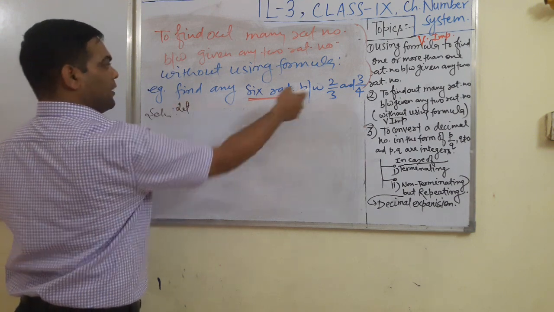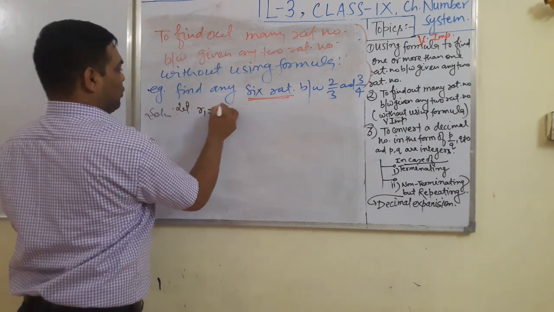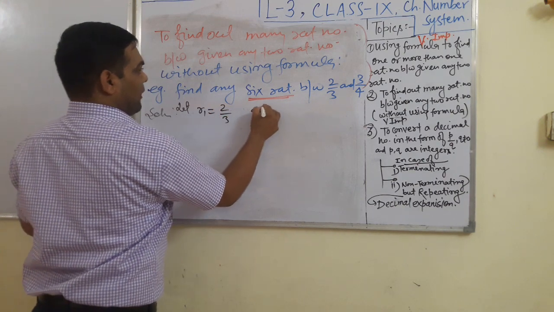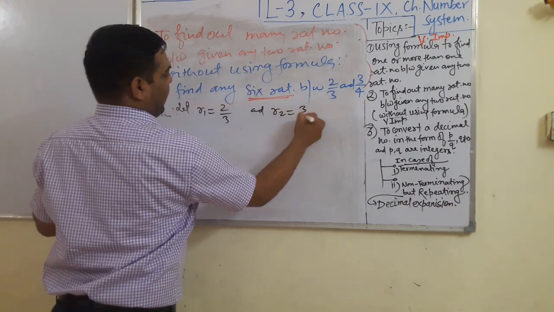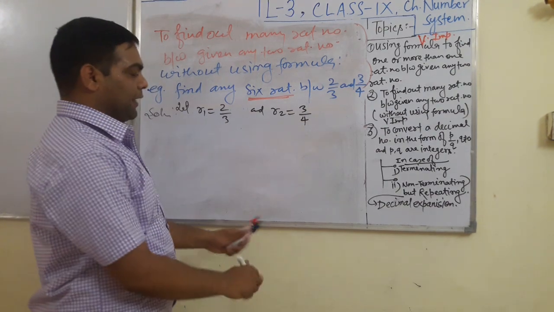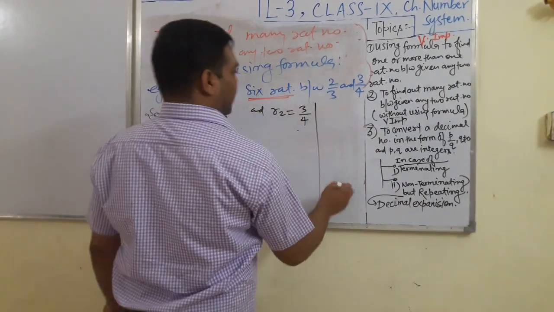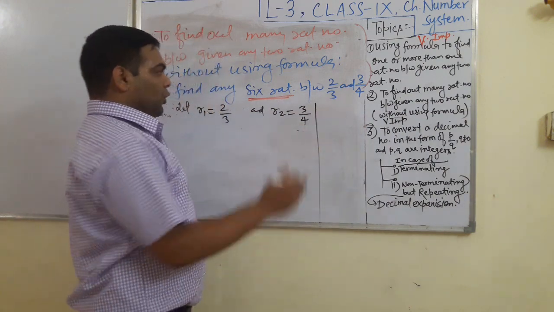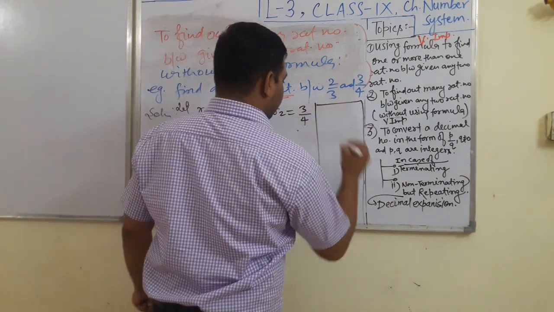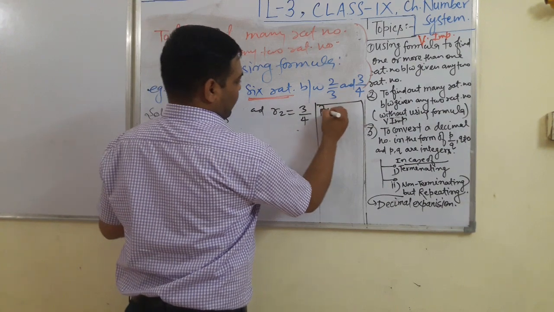Let R1 be 2 by 3 and R2 be 3 by 4. These are the two given rational numbers. If, students, you are interested in solving it without using the formula, I am telling you how to proceed.